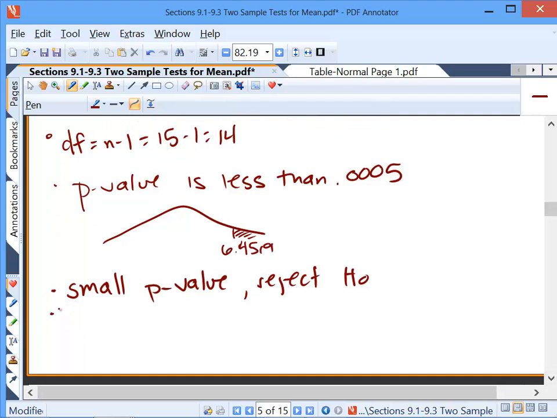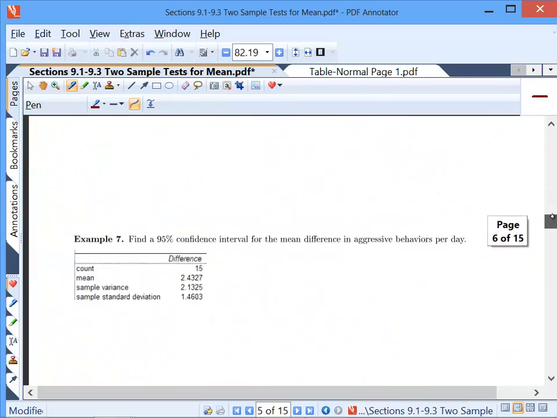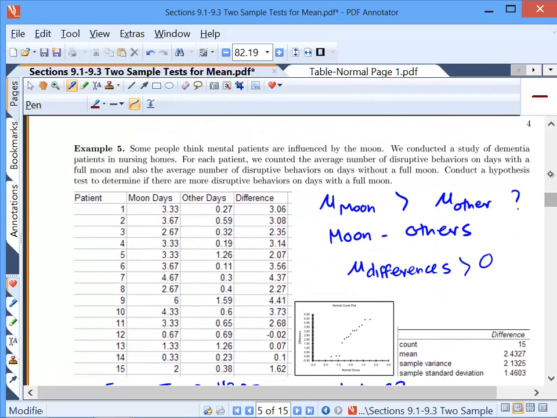And so what have we shown here? We showed that mu d is greater than 0. So in context of my problem, coming back up, if the mean of the differences is greater than 0, that means the mean for the moon is greater than the mean for the other days.